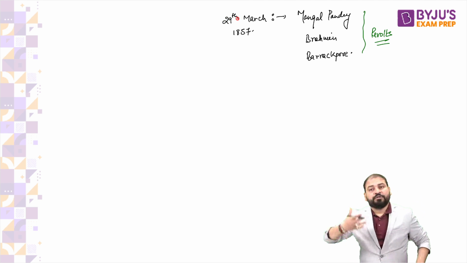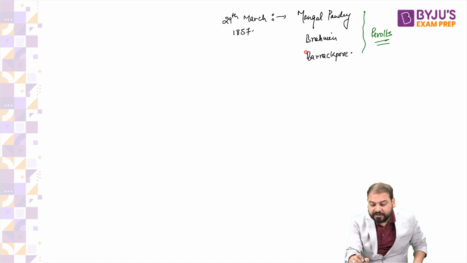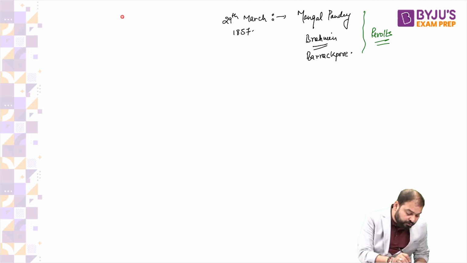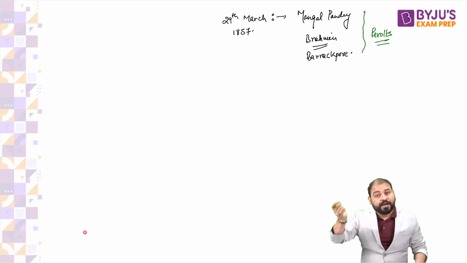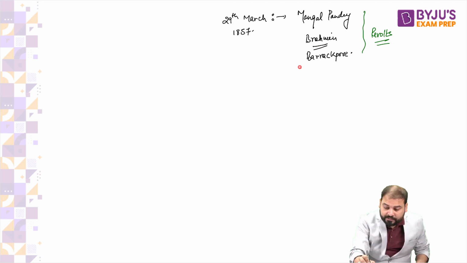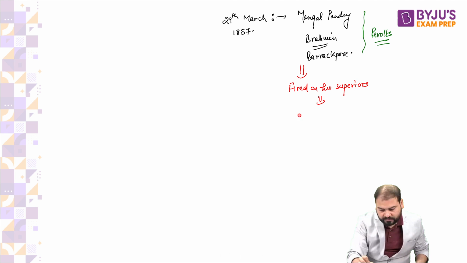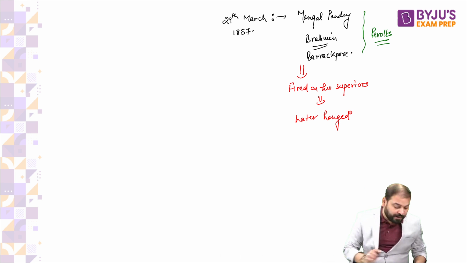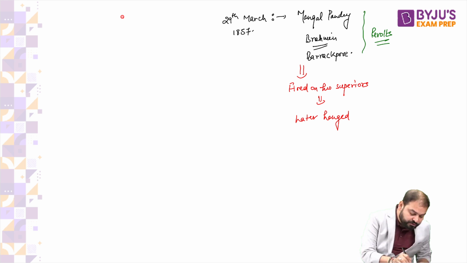Same. The grease cartridge had come. He refused to use that grease cartridge. He said, I'm not going to use that. He fired on his superiors and later was hanged. Mangal Pandey started the revolt.